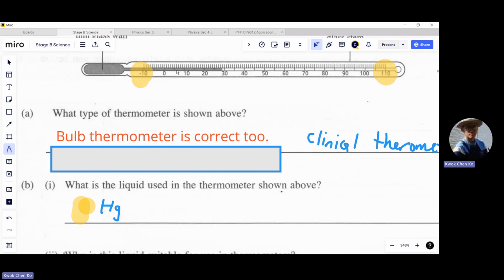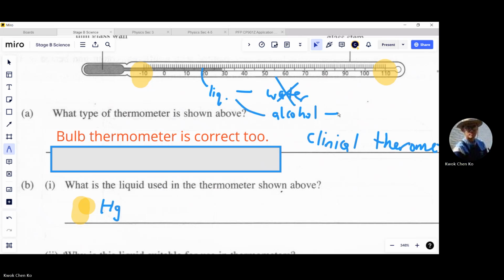Now, first thing, you want this to be a liquid. So it can measure down to -10 and 110. So water is out, because water's highest temperature is 100 degrees. But how about alcohol?